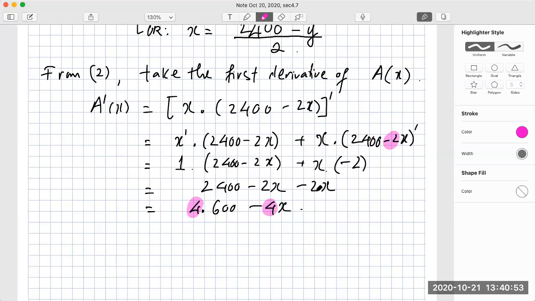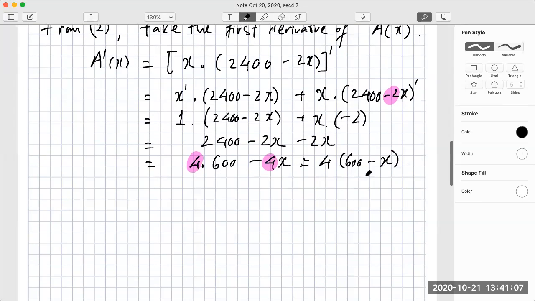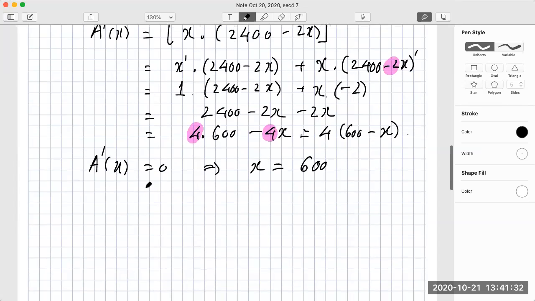So we can factor it out. Now we need to solve this equation, right? And the solution of A prime of x equal to 0 gives us x is 600, right?